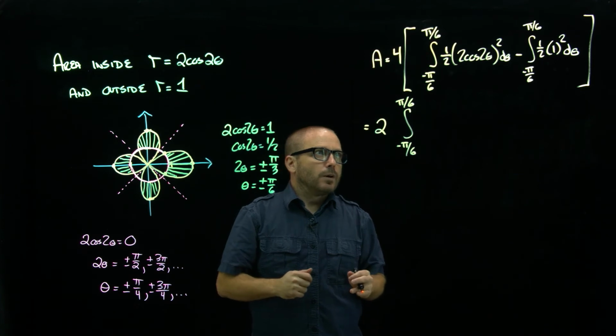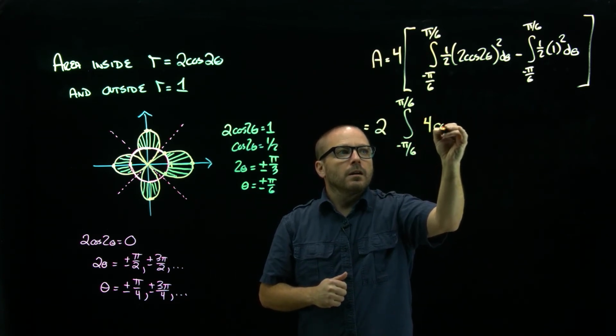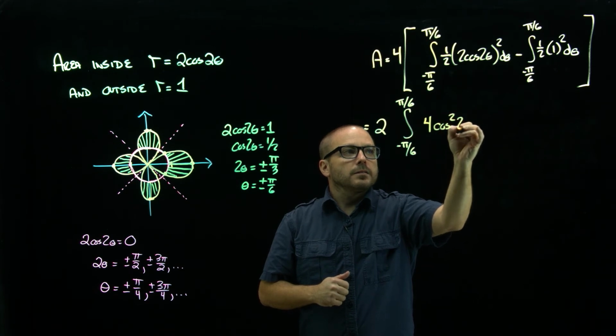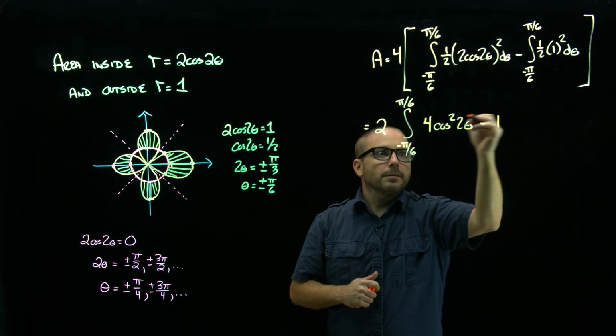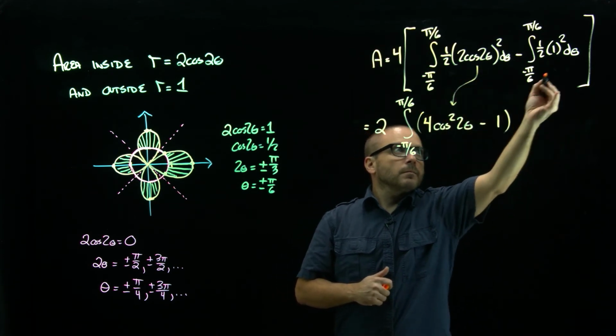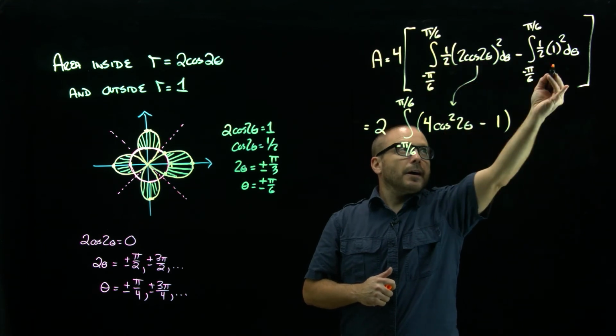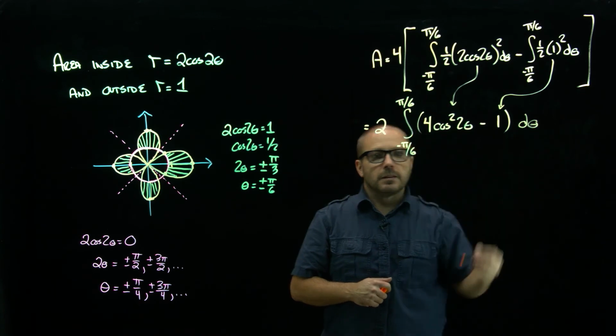But I won't bother with that this time. So that's 4 cosine squared 2 theta minus 1. Just squaring that. And the 1/2, remember, has already come out. D theta.